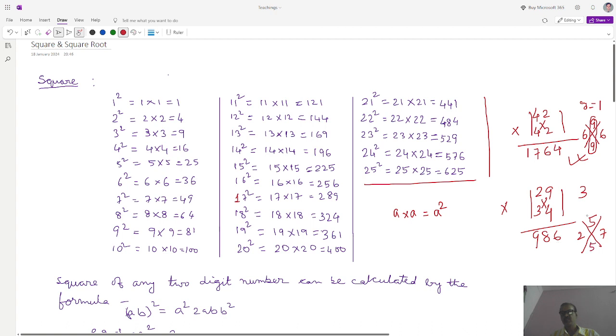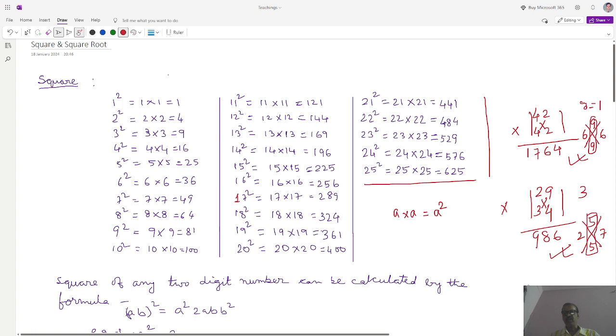So these two are equal. Therefore, the multiplication is okay. I hope you now understand how to multiply these numbers in a single line.